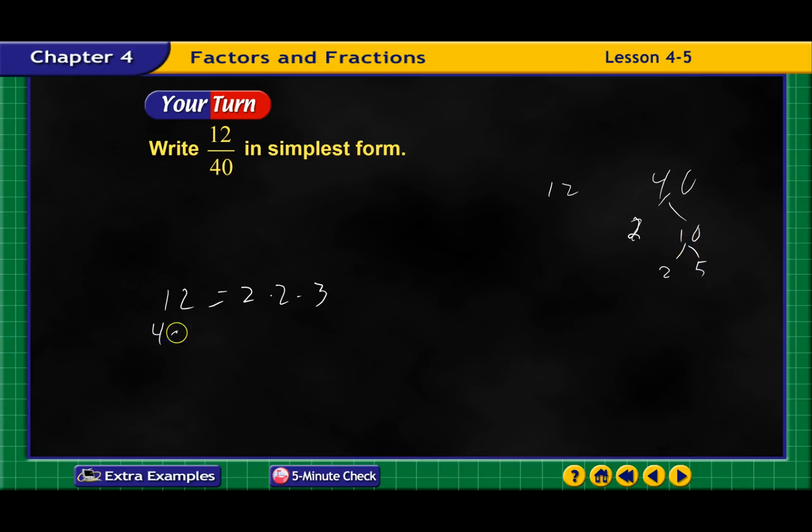So 40 is going to be 2 times 2 times 2 times 5. So my common factor is going to be 4. So I'm going to take 12 divided by 4 and 40 divided by 4. So it's going to come out to 3 over 10.